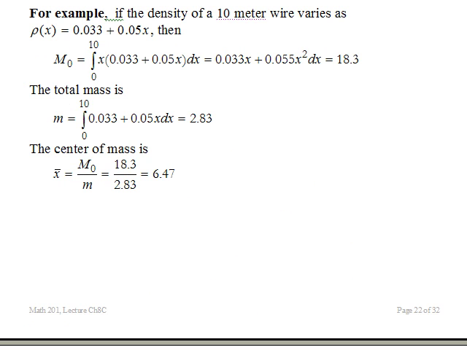So here's an example. Let's say I have 10 meters of wire, and just for purposes of discussion, let's say that I've laid this wire down on my x-axis, my one-dimensional coordinate system, varying from x equals 0 to 10.